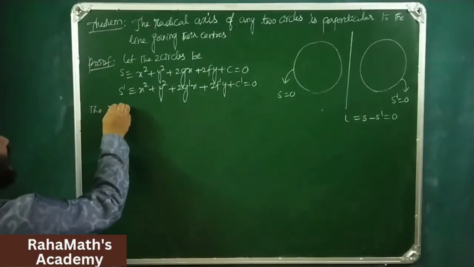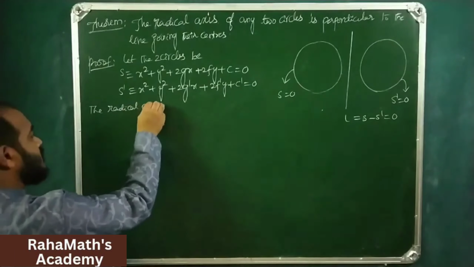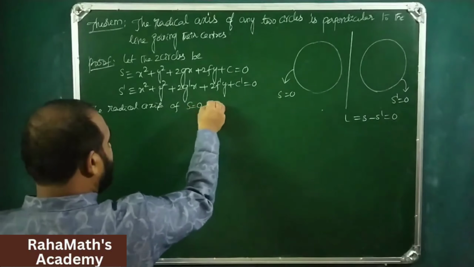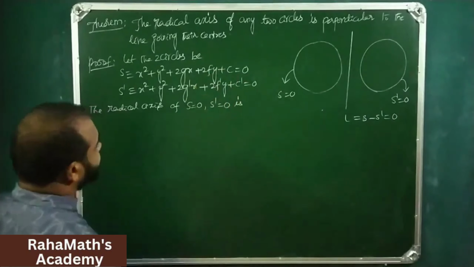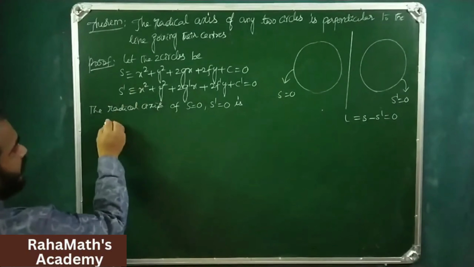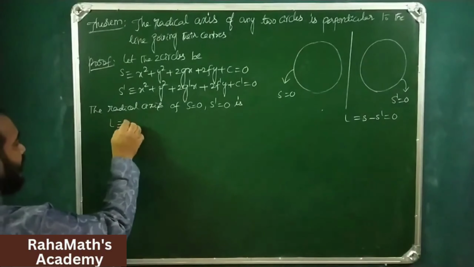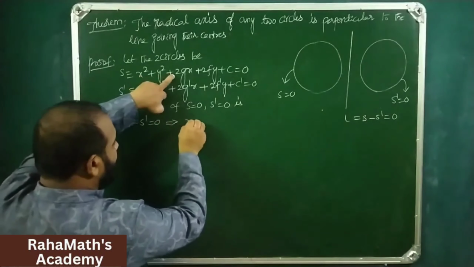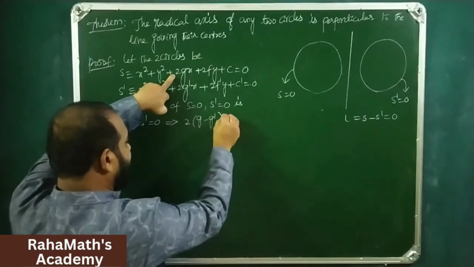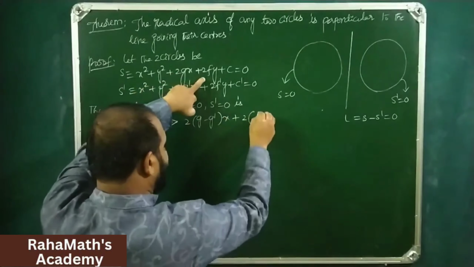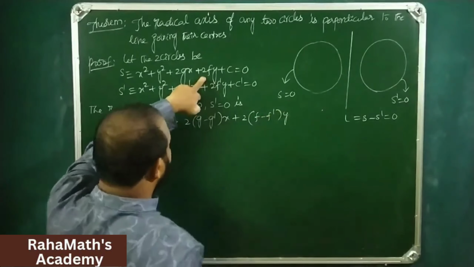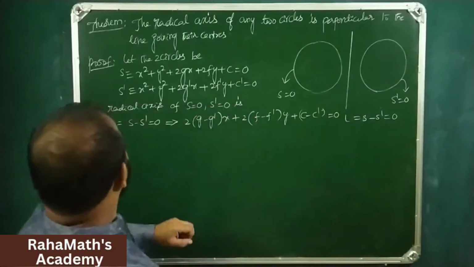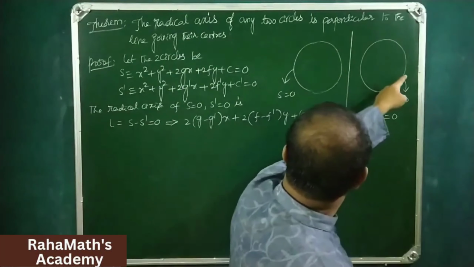So the radical axis of S equals to 0, S dash equals to 0 is S minus S dash equals to 0. That means 2 into (g minus g dash) x plus 2 into (f minus f dash) y plus c minus c dash is equals to 0. This is the radical axis of any two circles.